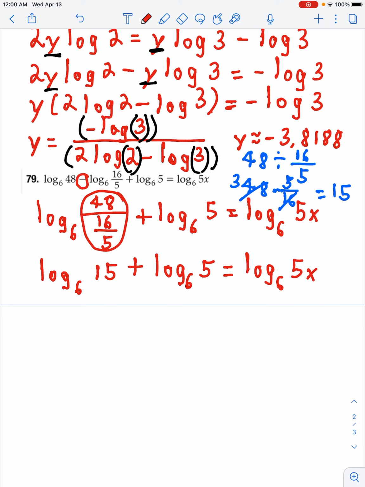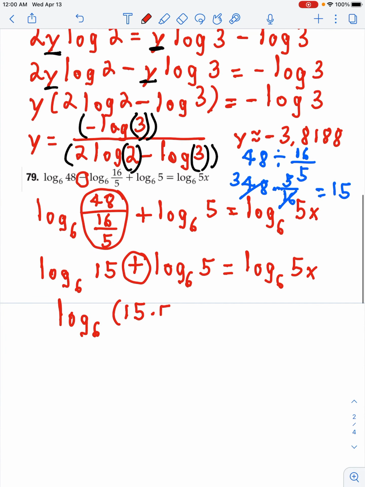So now our operation here is addition, and that means we're going to want to use the product property. So we're going to combine these 2 logs into one, log base 6, by multiplying the 2 arguments together. So we're going to take 15 times 5.